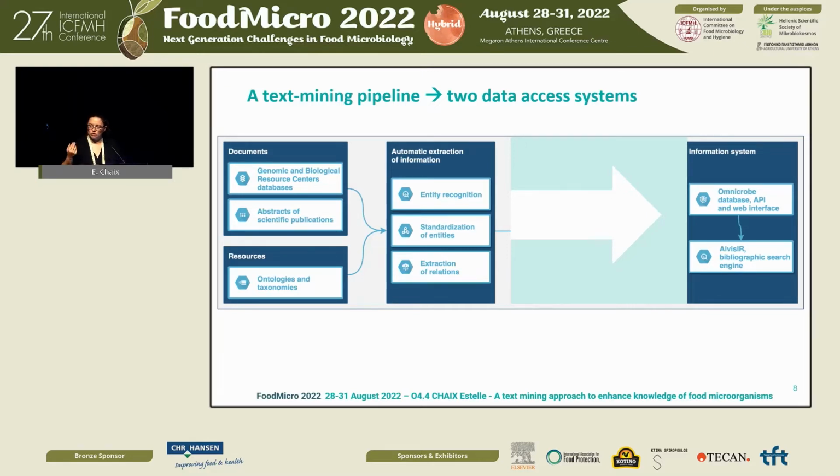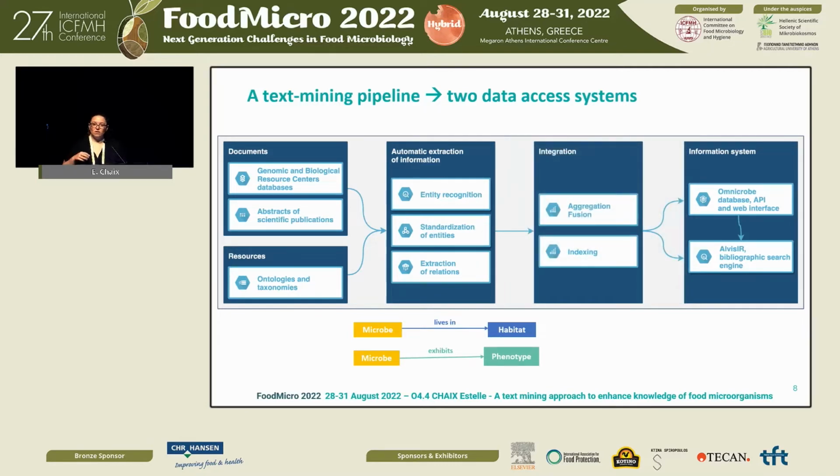Then the second step is to standardize it. So, for example, this word salmonella could be linked to the equivalent number in the NCBI taxonomy. And then we extract the relation, so the link between microbe and habitat, microbe and phenotype. At the end, we propose a lot of kinds of relations.